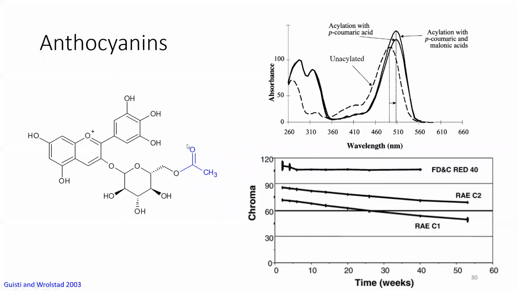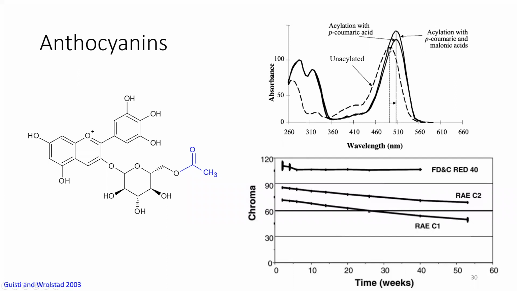But when we do this and add these acyl groups onto the sugar residue, it increases the stability of the anthocyanins. So you can see here in this graph, absorbance, that's going to be a measure of the intensity of the color and also the hue, or what the color looks like. So the dotted line here is unacylated, and you see here that it has a maximum absorbance of whatever, 490 or something like that.